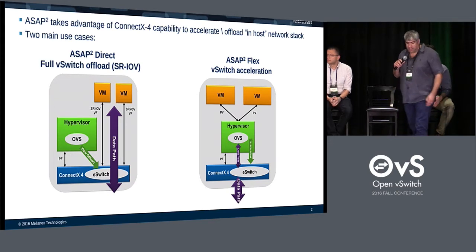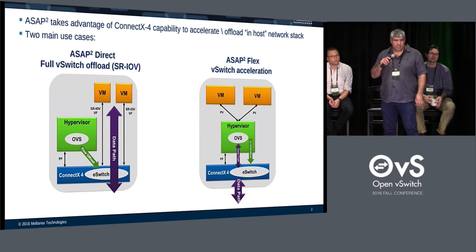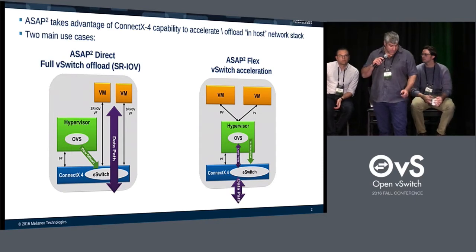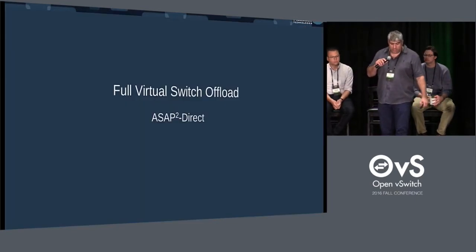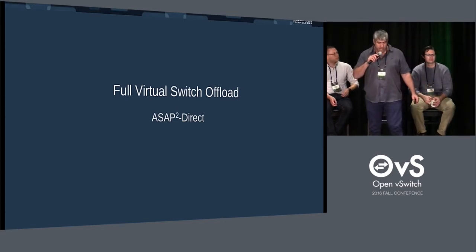And as Ethan suggests, you can use a flex just to do the classification in the hardware, and then the software continues to forward the packet. I will start by talking about the full switch offload, called direct for us.